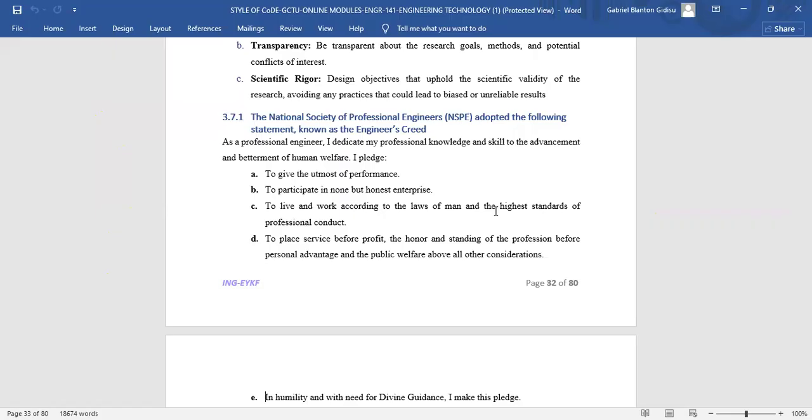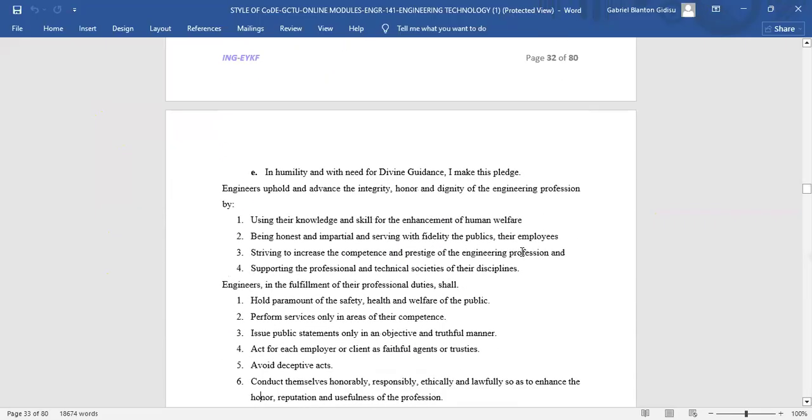To give the utmost performance, to participate in none but honest enterprise, to live and work according to the law of man and the highest standard of professional conduct, to place service before profit, the honor and standing of the profession before personal advantage, and the public welfare above all other considerations. So we need to consider all these things as an engineer.